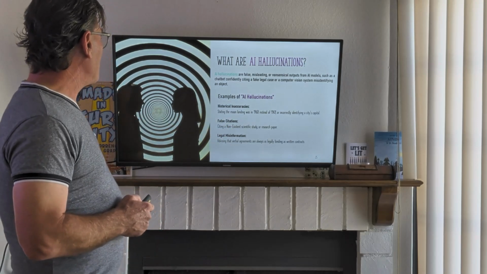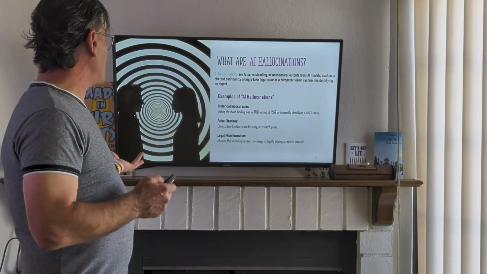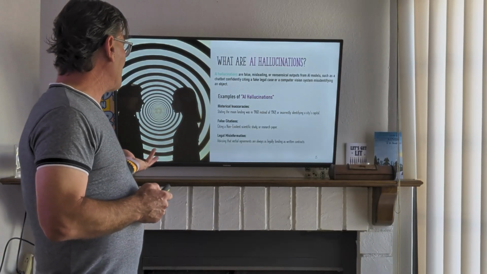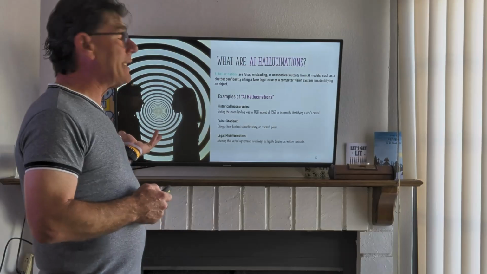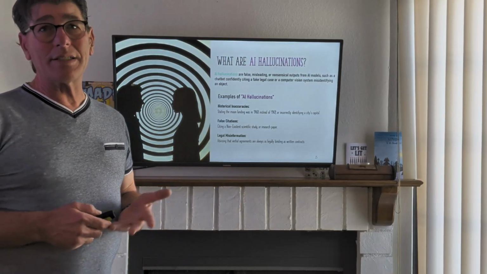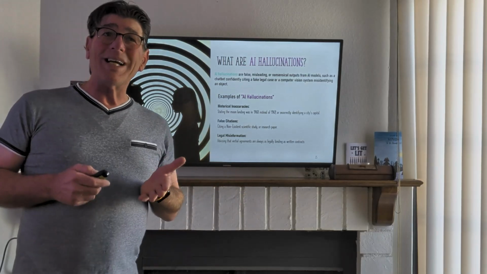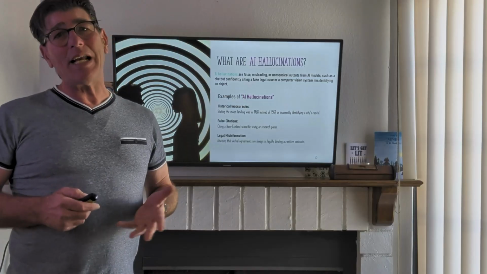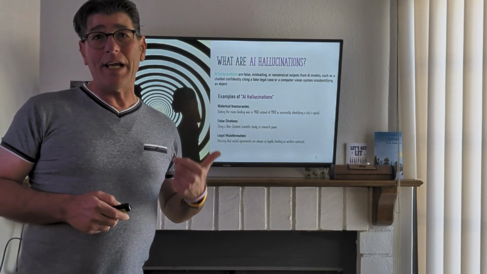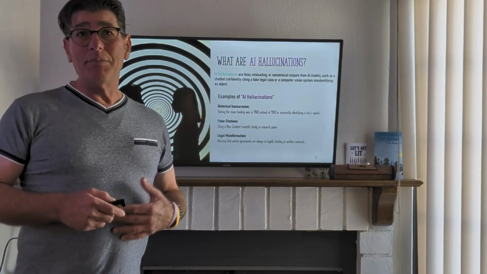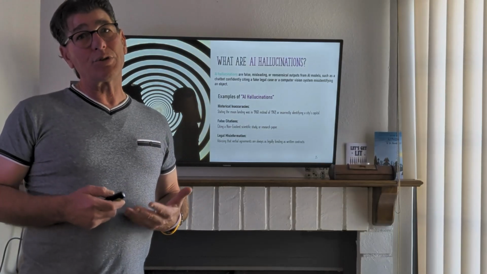hallucinations. Also, legal misinformation. So saying that a verbal agreement is always legally binding, just like written contracts. No, that's not true. So again, just like the internet, you have to be aware of AI and what's being put in front of you, because it's not always true and correct.